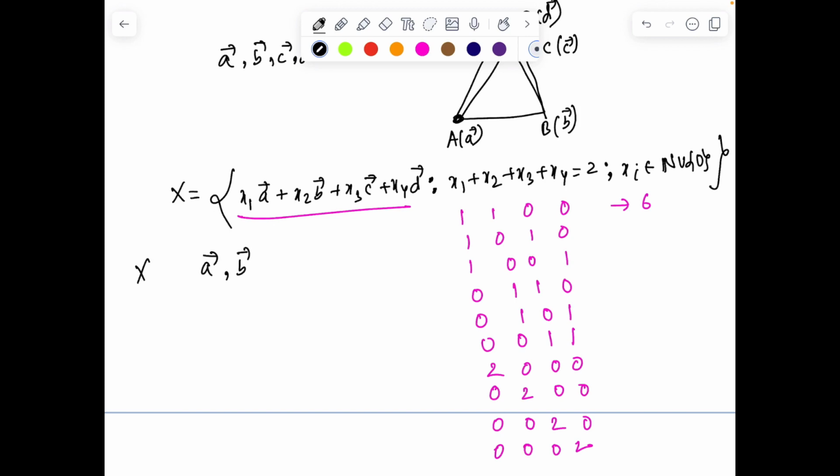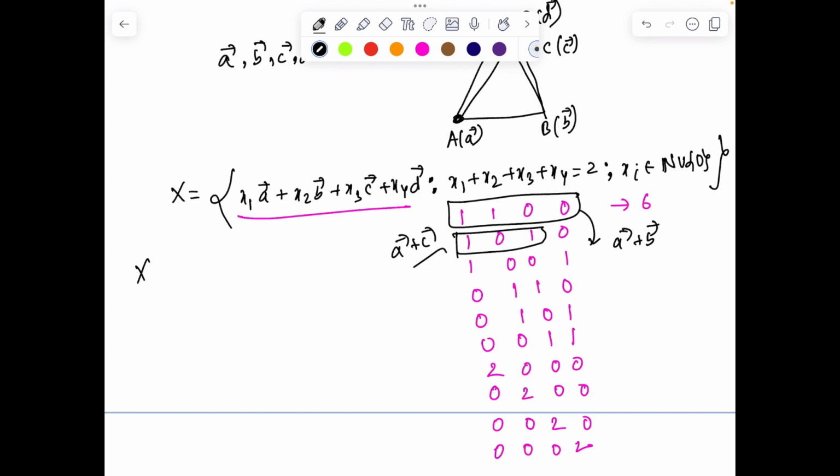If I check now, we'll have A vector, B vector. So the set of vectors corresponding to this combination, I'll get A plus B, because the 2 will operate on A and C. So we'll have A plus C. This will give A plus D. We have all combinations of that, all 6 combinations.